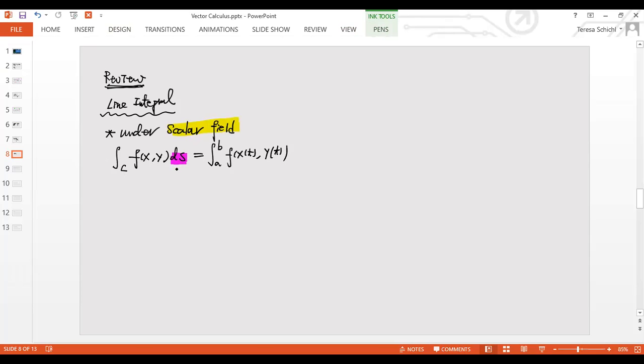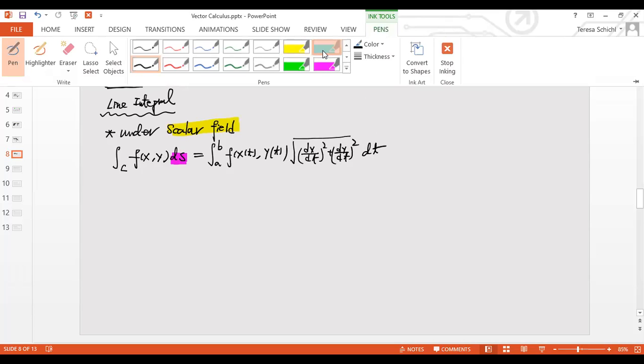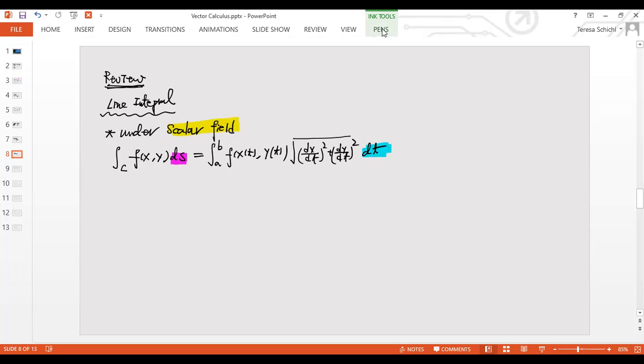Because this is arc length, ds is the square root of (dx/dt) squared plus (dy/dt) squared, dt. After you transform that, it's a very typical Calculus 2 integration: you have only one variable, and you integrate over an interval.